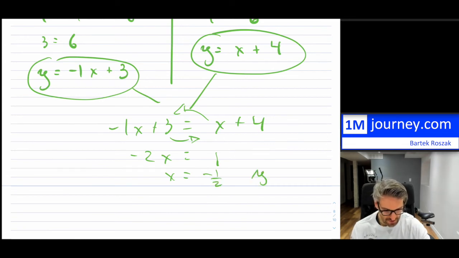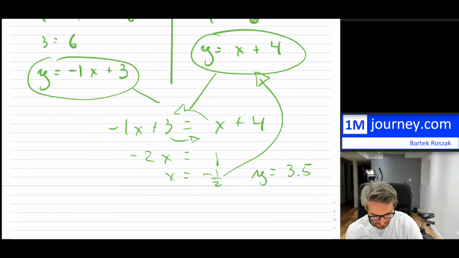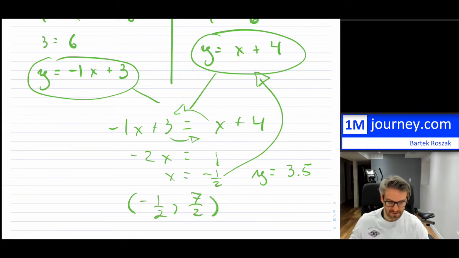And then our y value, you can check by substituting this in here. That's going to be 3.5. This is 7 over 2 because that's 3.5. Now we know what our circumcenter is.